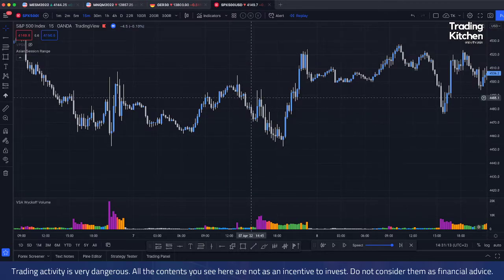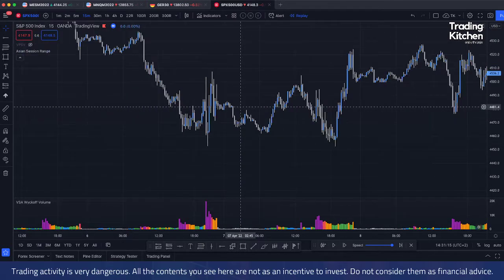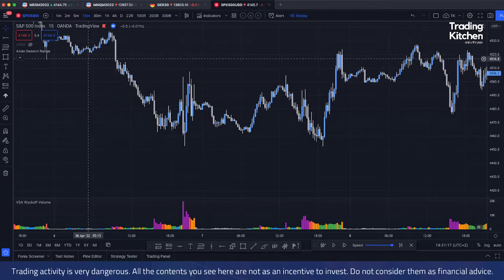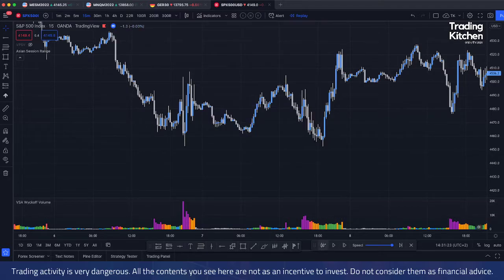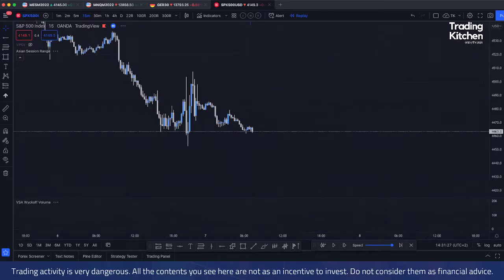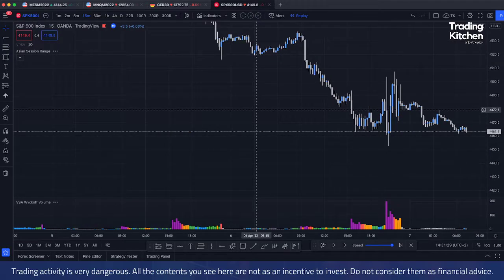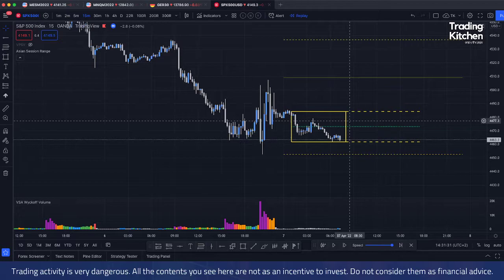S&P, and we keep on backtesting from the 7th of April, so around here. So the yellow box is the Asian session.